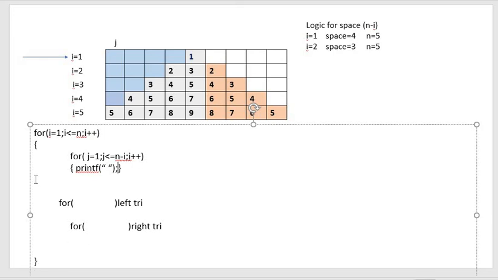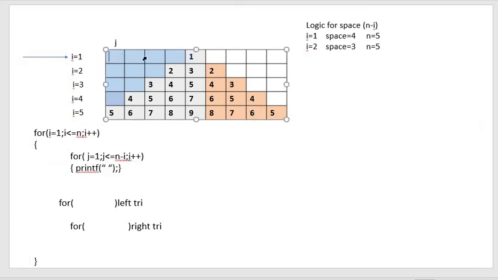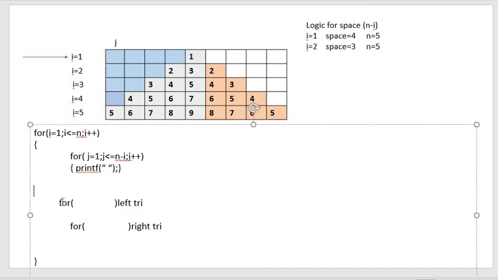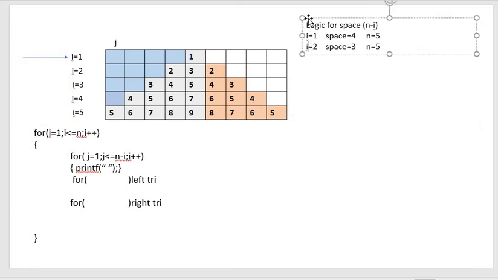That's it. This is one for loop which gives me spaces, followed by the second part, that is the second triangle. That means there should be a second for loop which prints this triangle. So how are you going to write that? Now this is the logic for the blue spaces.